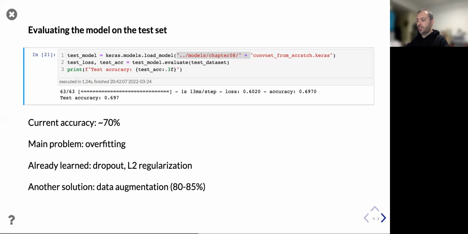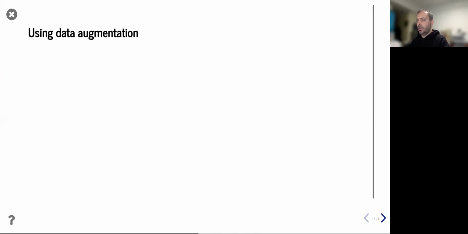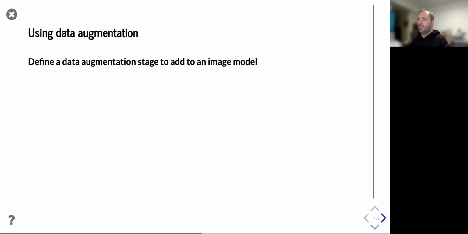The problem is overfitting. What we have already seen in order to avoid overfitting is dropout or L2 regularization. And now we will see another solution, which is data augmentation. In combination with dropout, it can boost the results up to 80 to 85%. Let's see what data augmentation is and how we can use it.